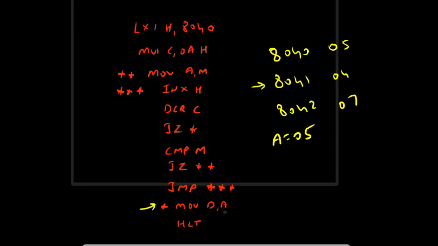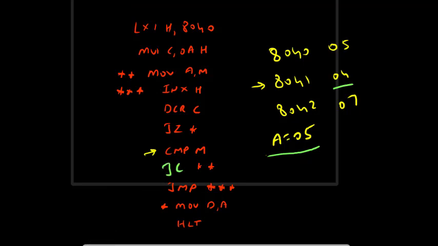By that time A will contain the largest data byte, but since C is not 0, this jump is not executed and we go to CMP M. CMP M ensures that the data in register A is compared with the data at the memory pointer, which is 05. Now, because A is larger, what happens is, sorry, this is actually JC that will come here, sorry, here we have JC.